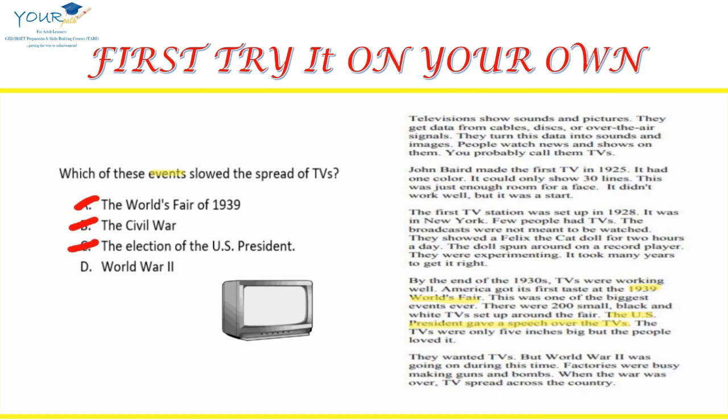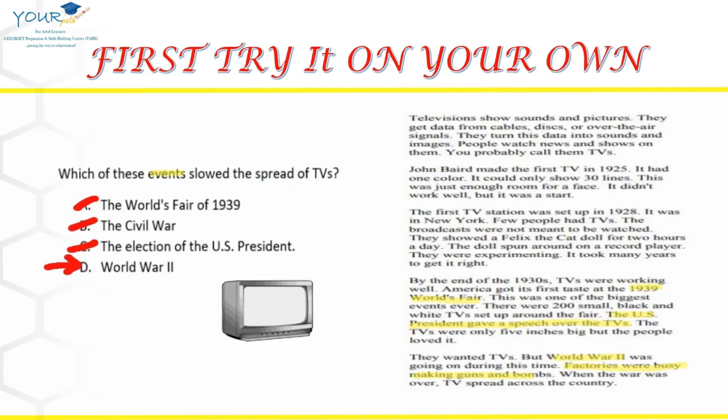So we know that during this event, World War II, there was a slowing down of the spread of TVs because factories were busy making guns and bombs. However, when the war was over, then the TV spread again across the country. And so we know that option D is the correct choice in terms of answering our question, which once again states, which of these events slowed the spread of TVs?